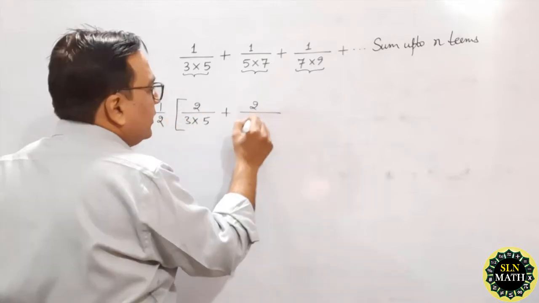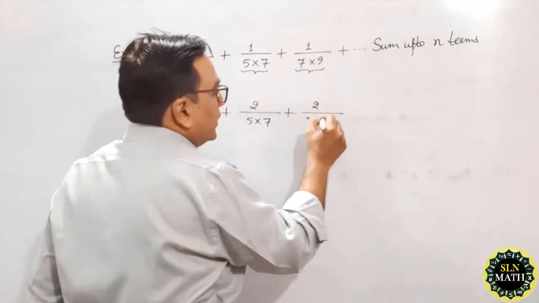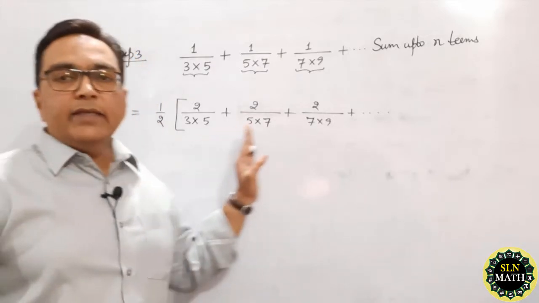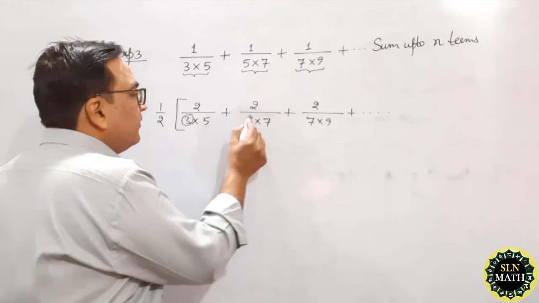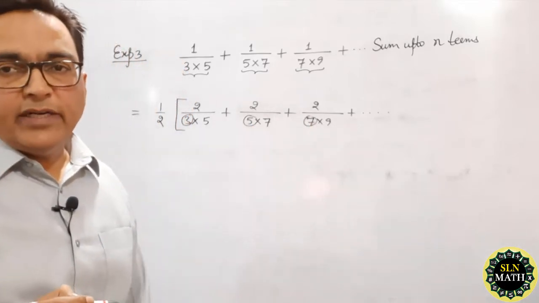Now you write all numbers like this. Now can we write the nth term of it? Yes, definitely. Here 3, 5, 7, if you see, it is making an AP, arithmetic progression.